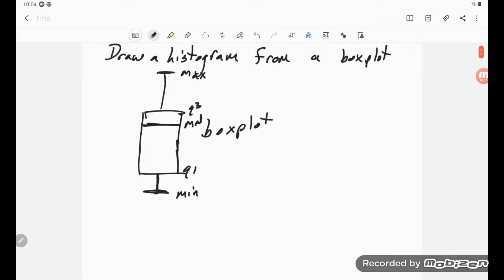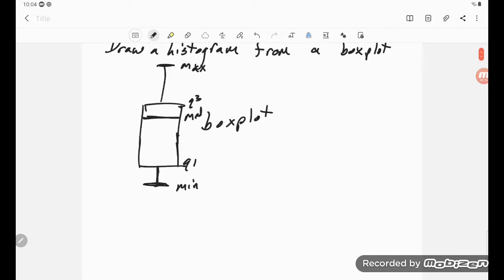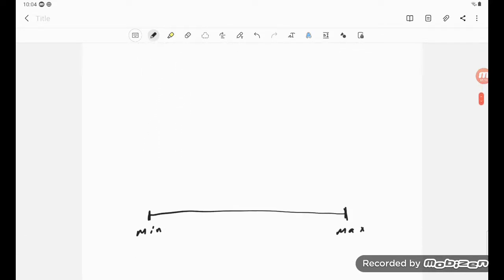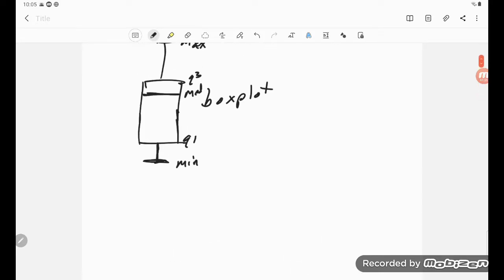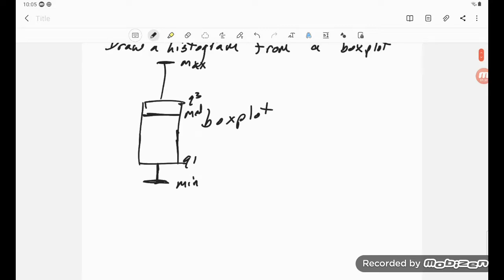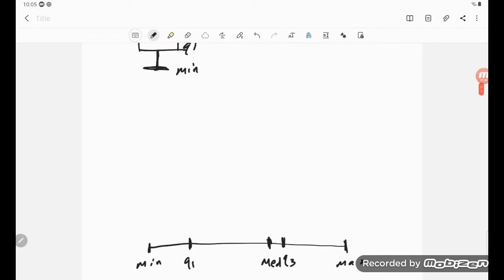And I won't be extremely accurate, but as we look at this, we see that, you know, maybe if the Q1 was there, the median was up here quite a ways. And then pretty close to it was the third quartile. So we'll say that is turning this thing up here on its side.